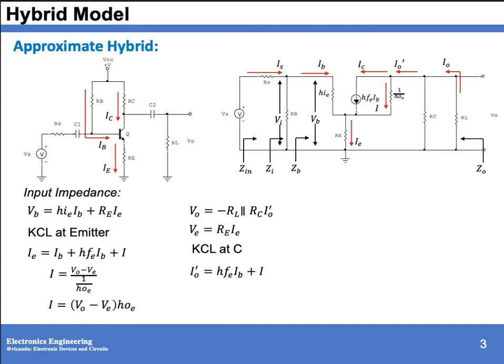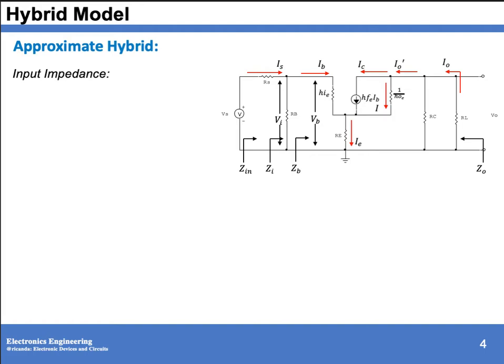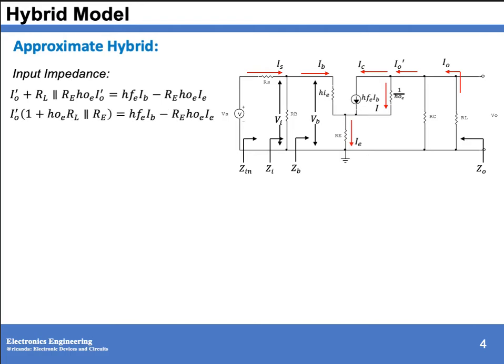Then we substitute the equation for our I, which is BO minus BE times HOE, and also substitute the equations of BO as well as BE. Then we combine all IO prime to the left side, factor out IO prime because it is common, then cross multiply. So we have the IO prime equation in terms of IB and IE.